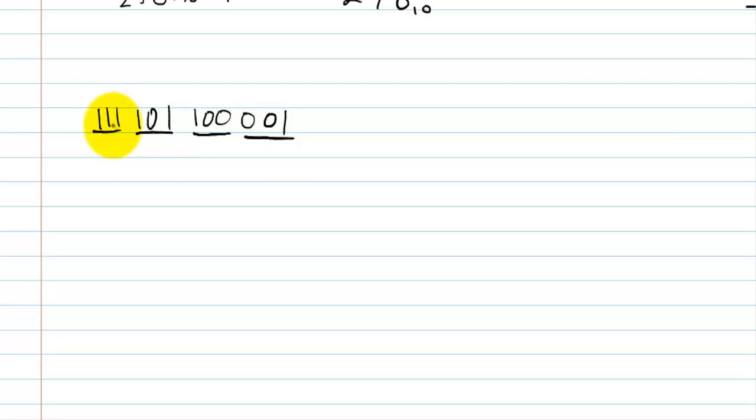So this first one represents a 7, this represents a 5, this represents a 4, and that's a 1, and this is in octal. And this is how you would convert from binary into octal. And if you wanted to go the opposite way, you just do the same thing. You convert this into binary in clumps of 3.